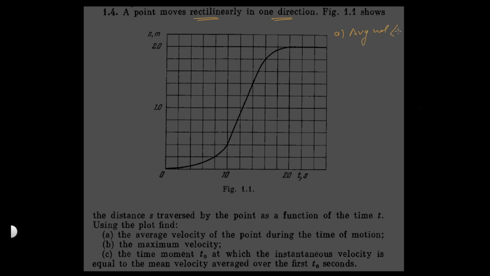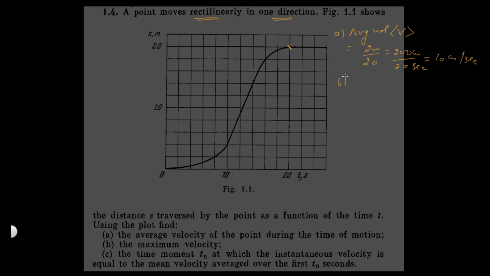The total displacement is from 0 to 2 meters, and the total time is 20 seconds. The answer is in centimeters per second, so this is 200 centimeters upon 20 seconds, which equals 10 centimeters per second.